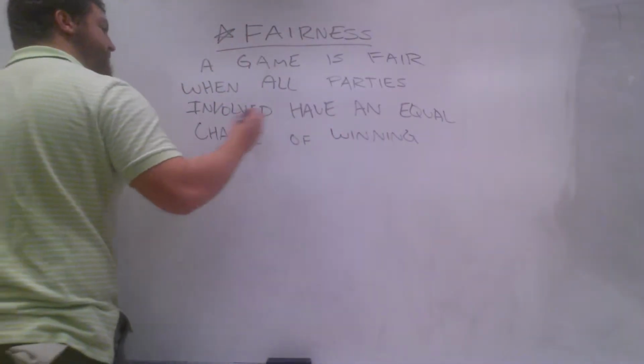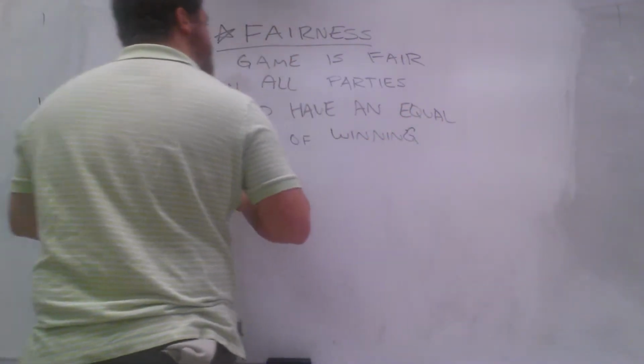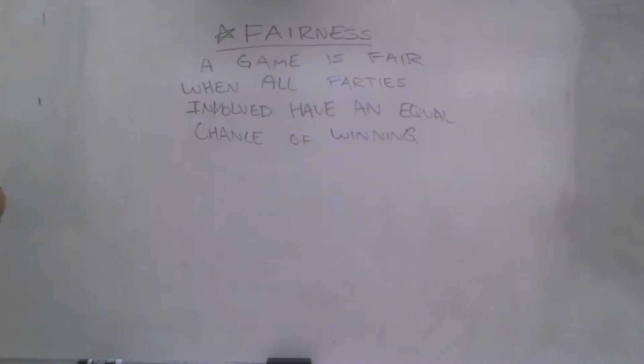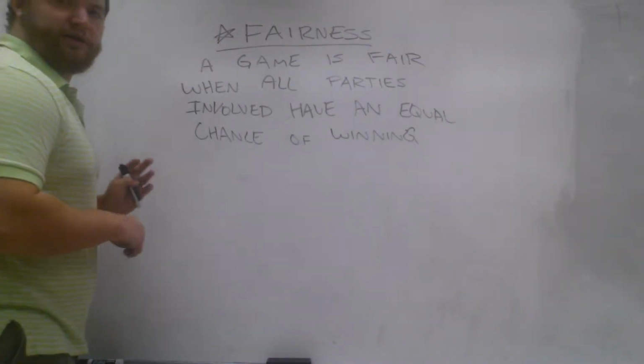Okay, it's a weird G. A game is fair when all parties involved have an equal chance of winning. So what we're going to do is this. I'm going to let you write that down.